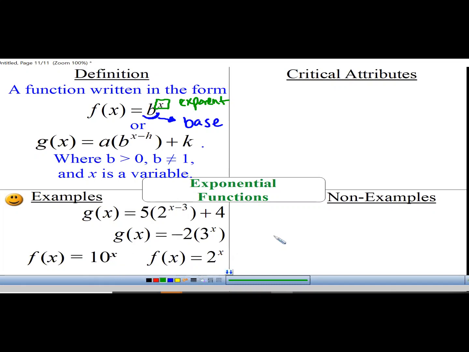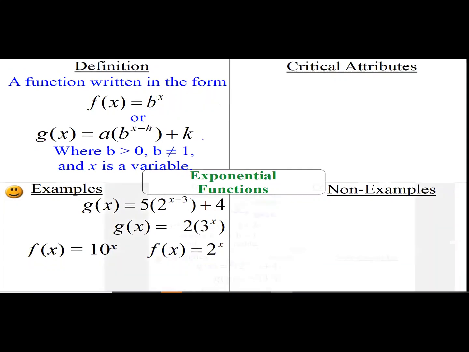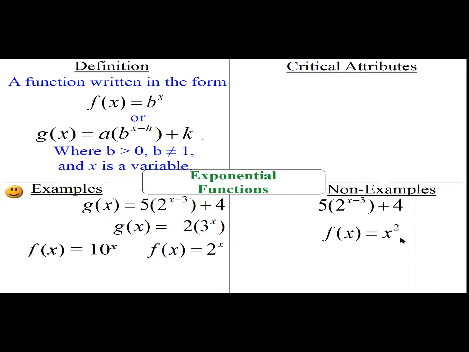Okay, so now that we know what exponential functions look like, let's look at non-examples. We have 5 times, parentheses, 2 to the exponent of x minus 3, close parentheses, plus 4, and f of x equals x squared. Now, these are not exponential functions.